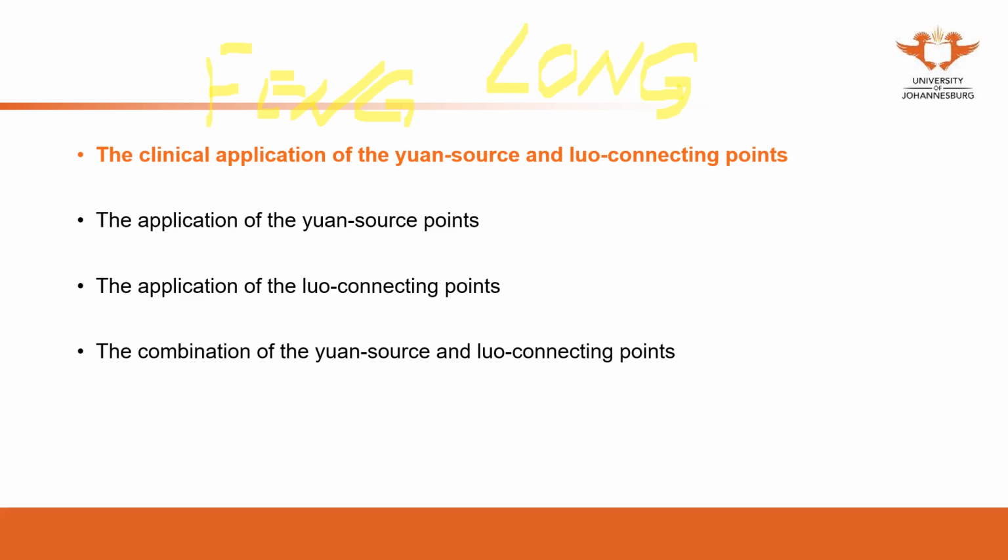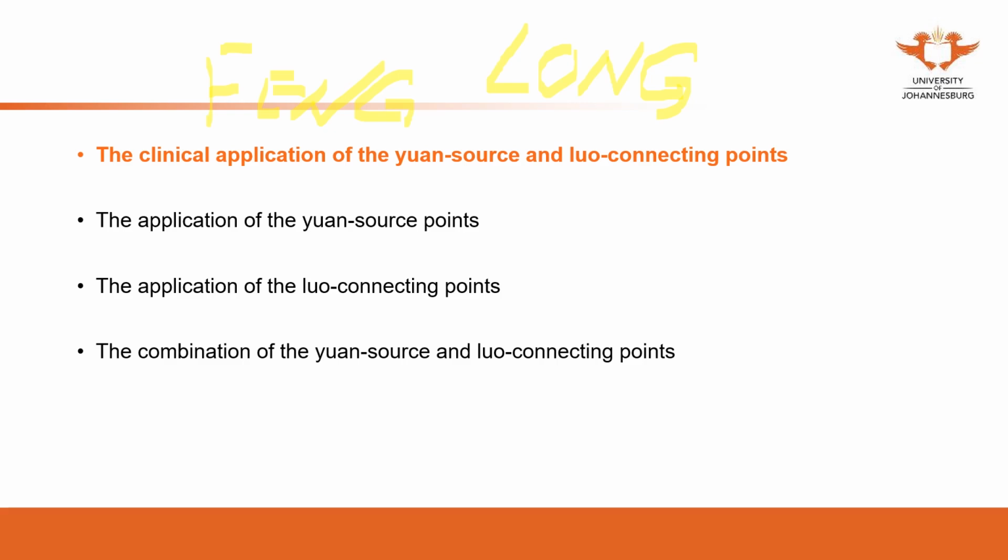A patient suffers from cough, tachypnea, difficulty breathing, sore throat, accompanied by mild fever and slight headache. In this situation, we can choose the Yuan source point of the lung and then accompanied by the Luo connecting point of the large intestine.